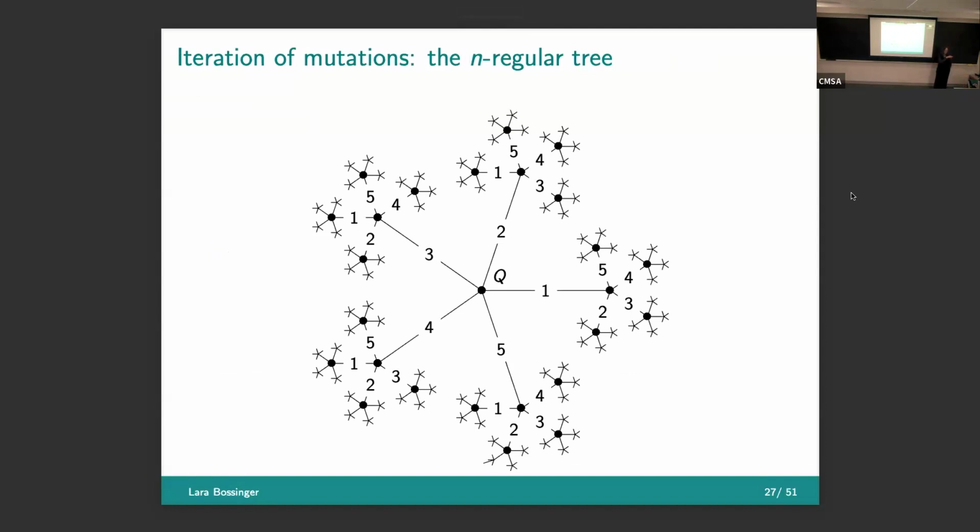Every vertex in this infinite and regular tree corresponds to a quiver I can get from mine by doing a sequence of mutations. After checking that the mutation is an involution, I will know that this tree is in fact n-regular. So if I mutate again in the same direction, I'll just walk back to where I came from. This is the evolution of what kind of quivers I can get from a given one through this mutation.